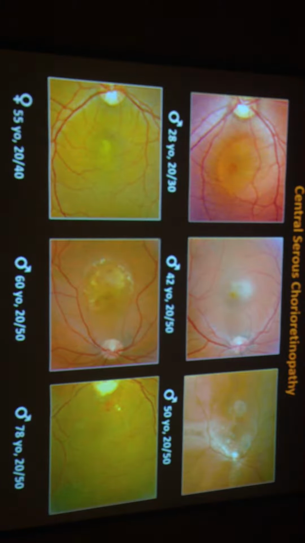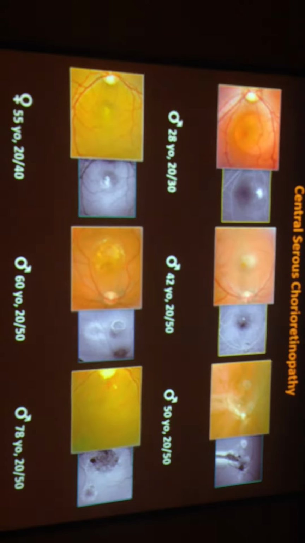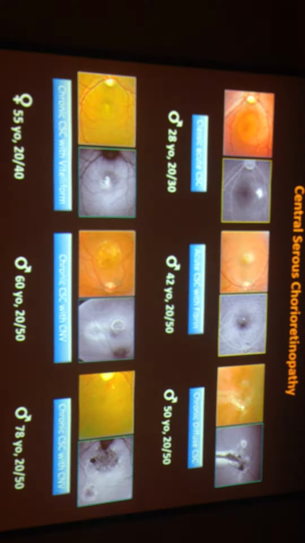Okay, this slide is just to show you that central serous chorioretinopathy can present in a multitude of ways, starting from a young age to an older age, depending on whether it's acute or chronic. As you can see, the top left, you have the classic acute CSC with the smokestack on the FA. You can also have acute CSC with fibrin.